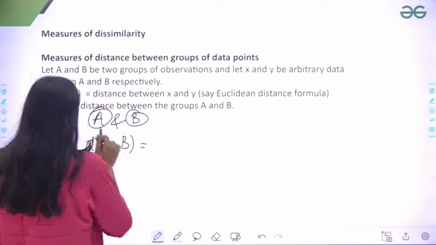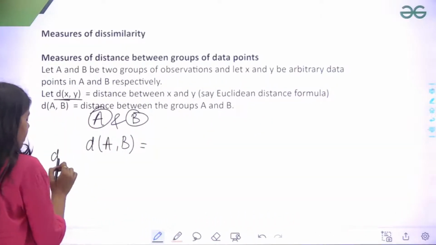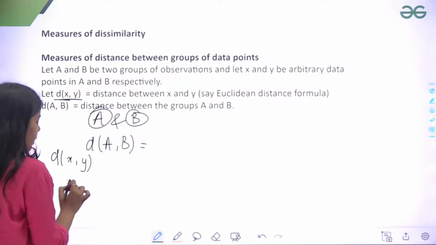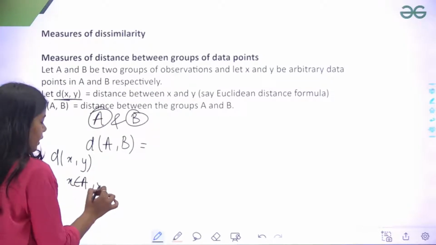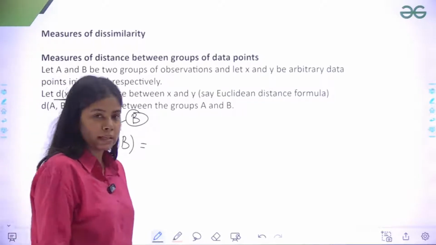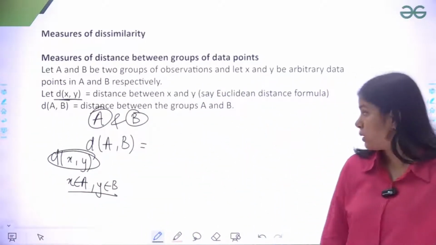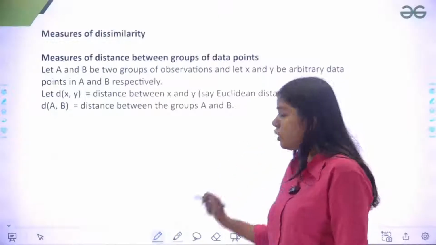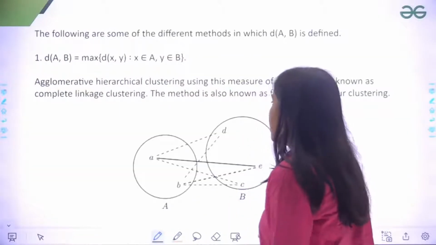And if I'm writing d(x, y), where x belongs to A and y belongs to B, this is the distance between 2 points x and y. So that is clear. Using that, I'll define the measure of dissimilarity between two clusters.